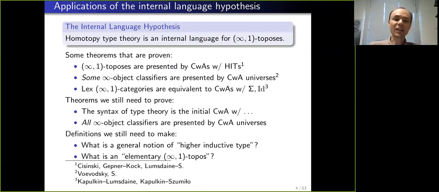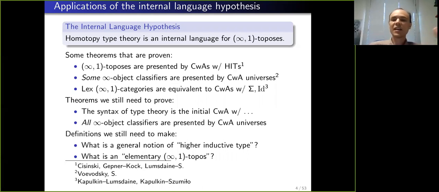So I'm not going to go through all of these here, but I just threw up a list of some things that we know, which are partial results in the direction of proving this hypothesis precisely. Some precisely stated conjectures that we would like to prove, which are incarnations of this hypothesis, and questions or definitions that we're working on making, which are motivated by wanting this hypothesis to be true.